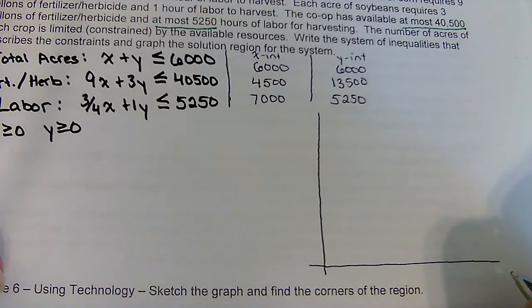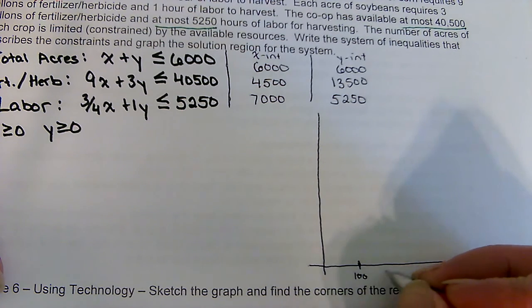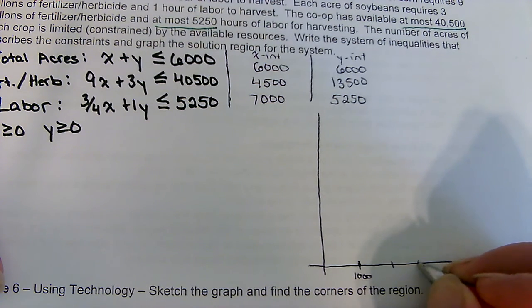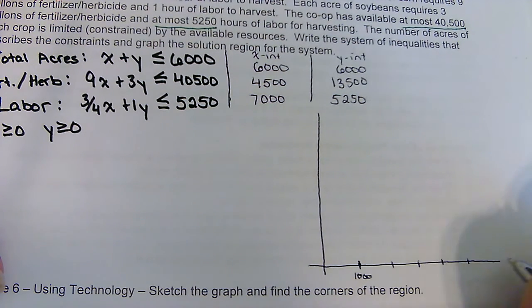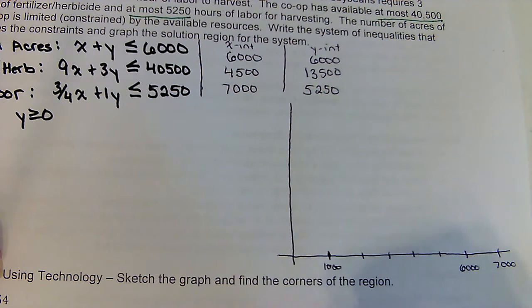So I need to go all the way to 7,000. So maybe I'm counting by thousands here. 1,000, 2,000, 3,000, 4,000, 5,000, 6,000, and 7,000. And I need to get, whoa, up to 13,000.